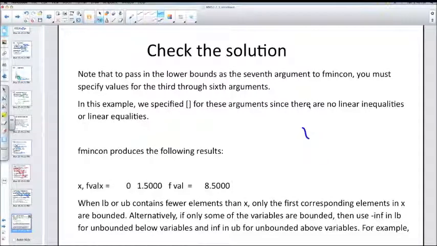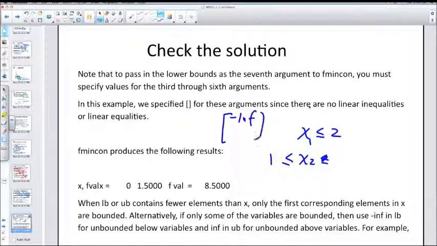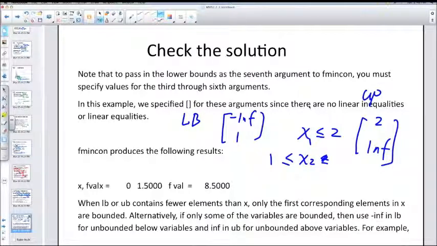Another example, if like this, what do you do? And then your lower limit will be this, negative infinity and 1. Your upper limit will be 2, positive infinity. That's how you write your lower boundary and upper boundary.